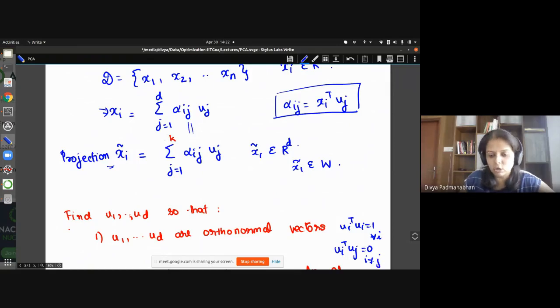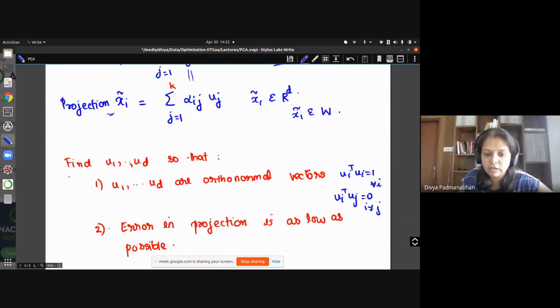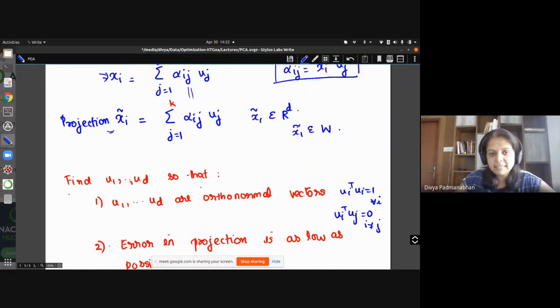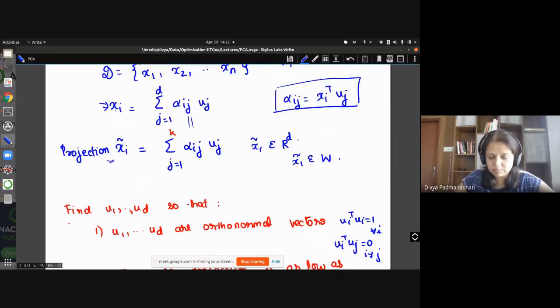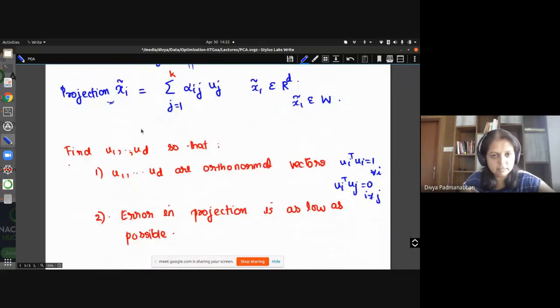You want to find these orthonormal vectors, and there are d of them. You also want to find them in such a way that this error, the difference between xi and xi tilde, is as low as possible. That is the metric that we are going to use. So this is one view of PCA.